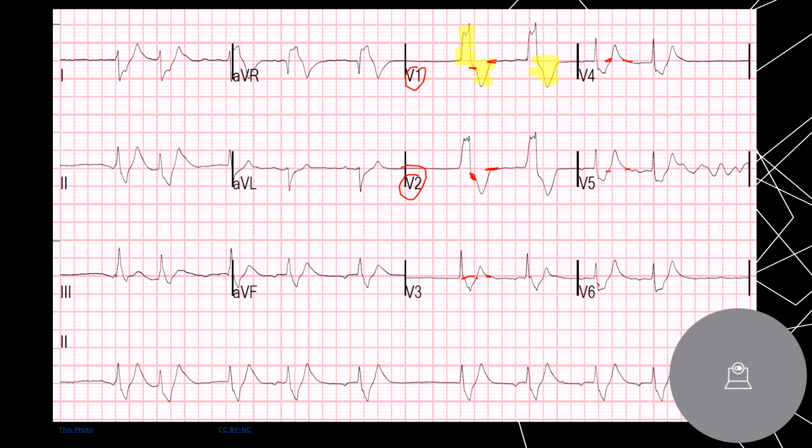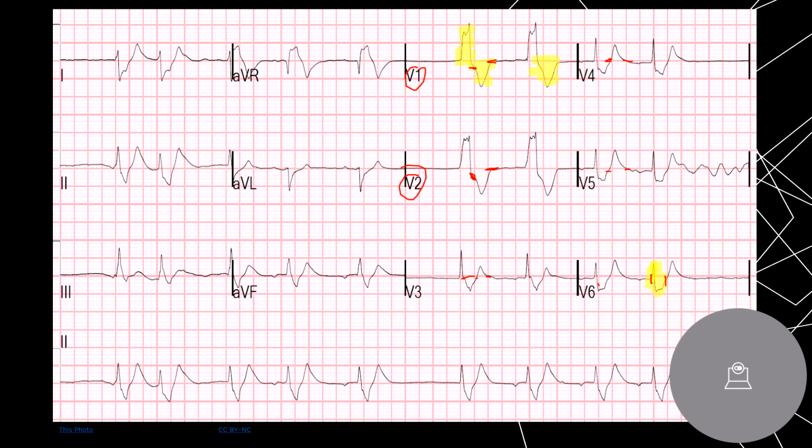What I like about V6, just pay attention to this one part because this confuses people, is your QRS complex here wide? A lot of people just look at that and go, no, it's not wide. That's not your QRS. That's your R. Your S is this whole thing. So is this thing wide? Yeah, this thing's huge. This is the beginning of your QRS. This is the end.